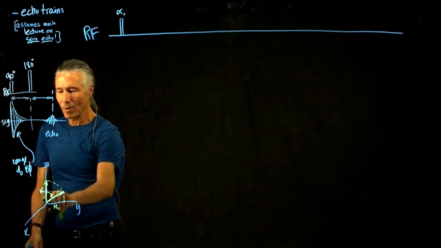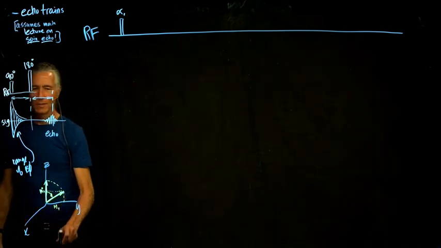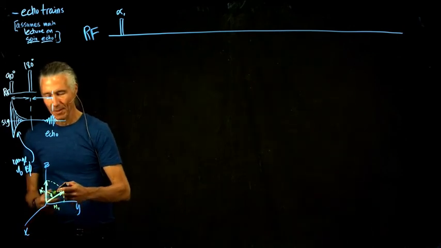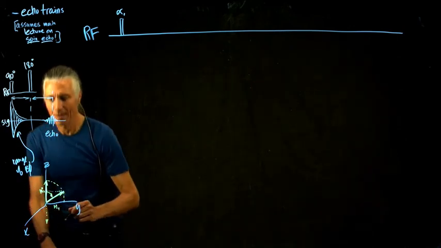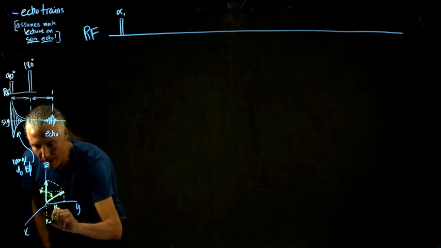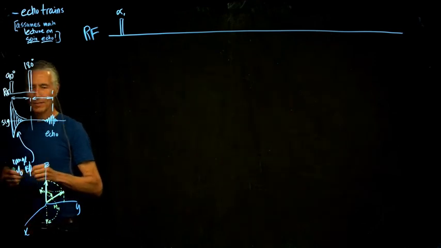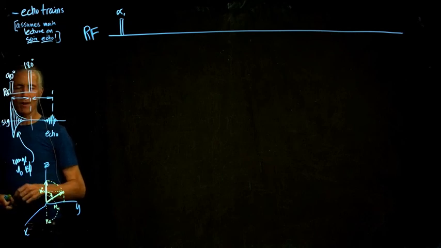If you go all the way to 180, X and Y will be 0, so you'll have a negative Z. So it's possible to go all the way to negative. If you do a 180, it's possible to just get negative Z magnetization and no XY magnetization.